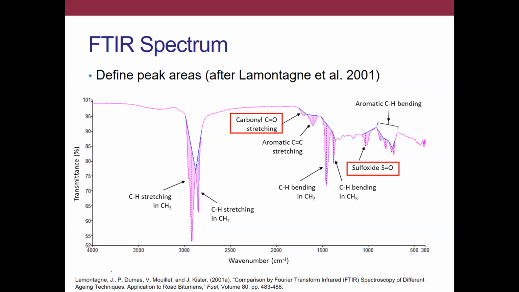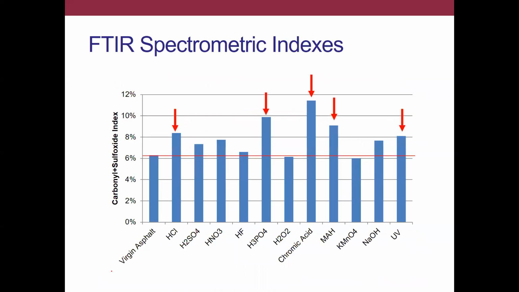Indeed, when we processed the data, we did find that a lot of these treatments, not all of them, but a lot of them, did in fact increase the relative amounts of carbonyl and sulfoxide groups, at least relative to the virgin asphalt, relative to the control.